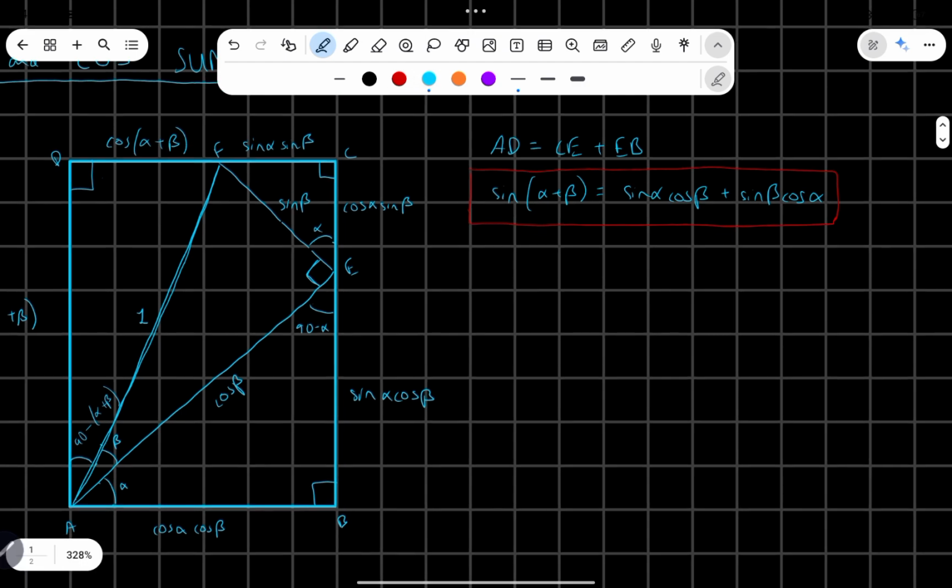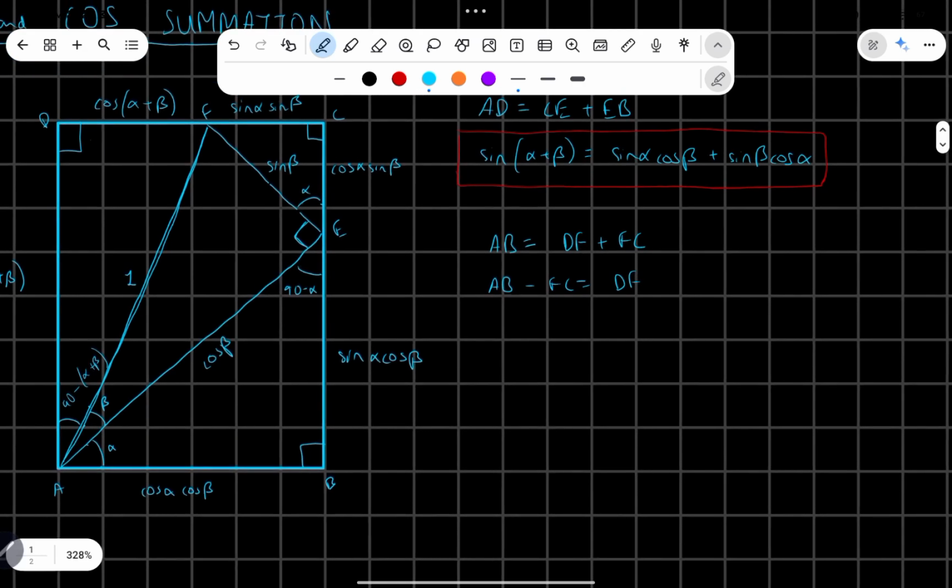Now, let's do the same thing but for the opposite pair of sides. We know that AB is equal to DF plus FC. So AB minus FC is equal to DF. Now let's equate everything in.